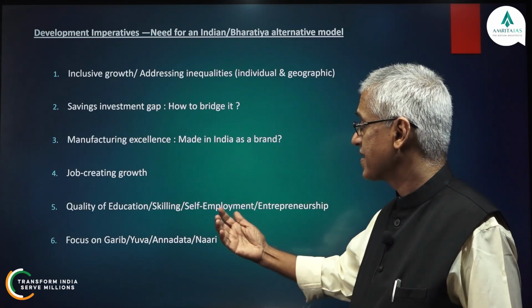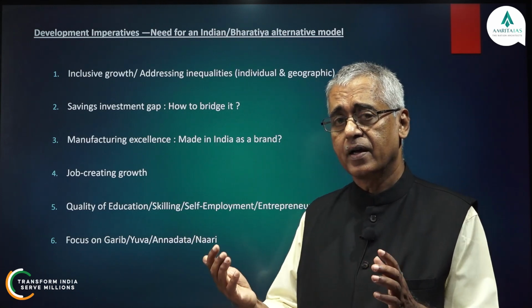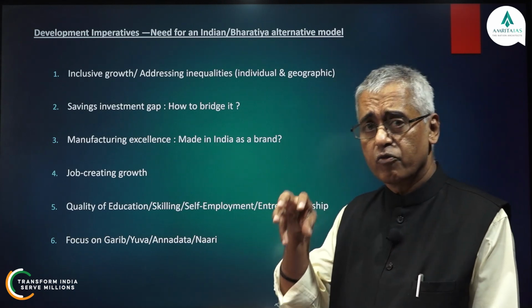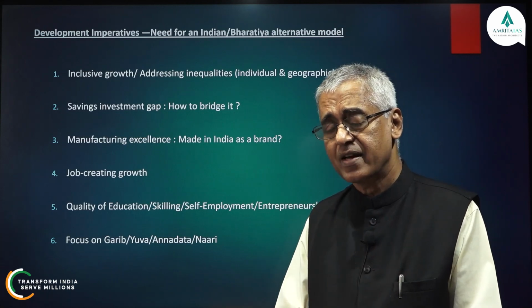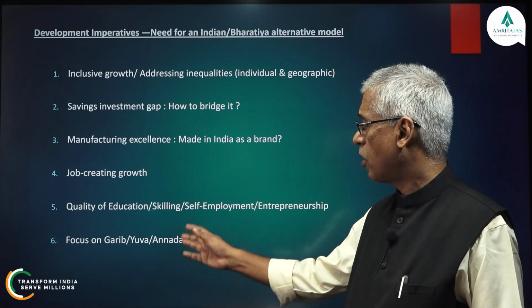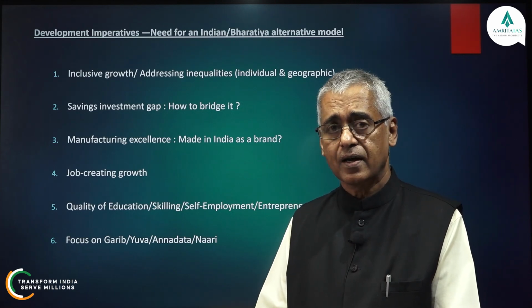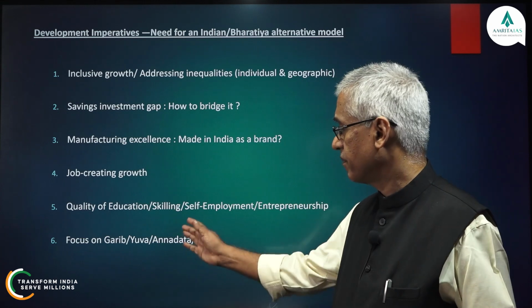And at the same time, the bottom line has to be a growth path which will focus on, as the Prime Minister has recently said, the poor. There are still millions of people who need to be lifted out of poverty.